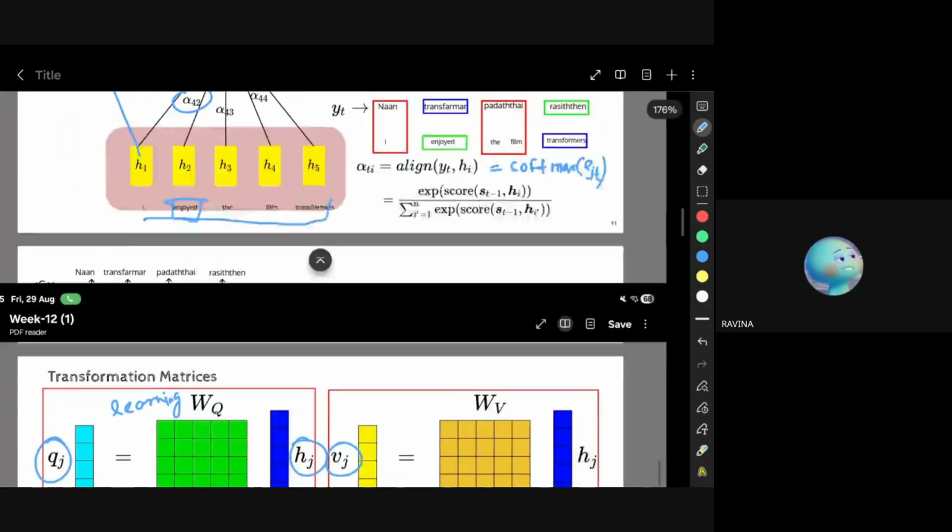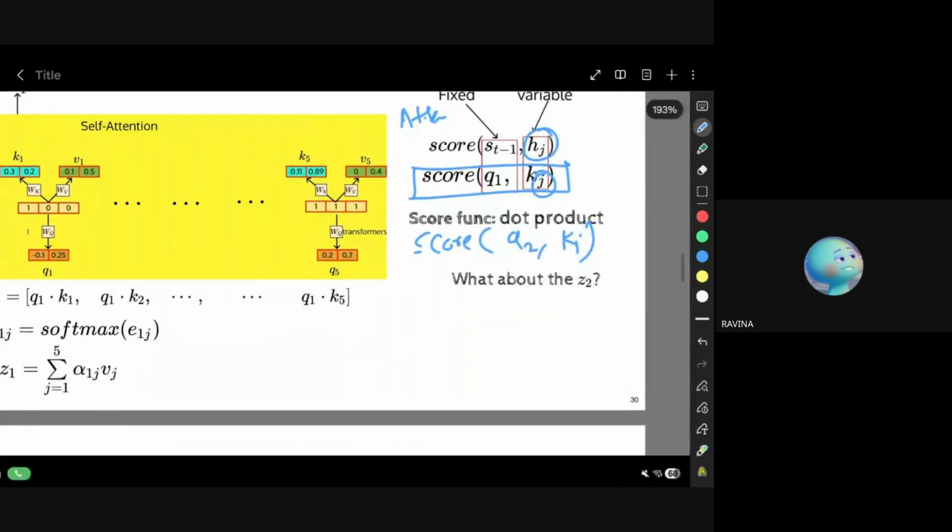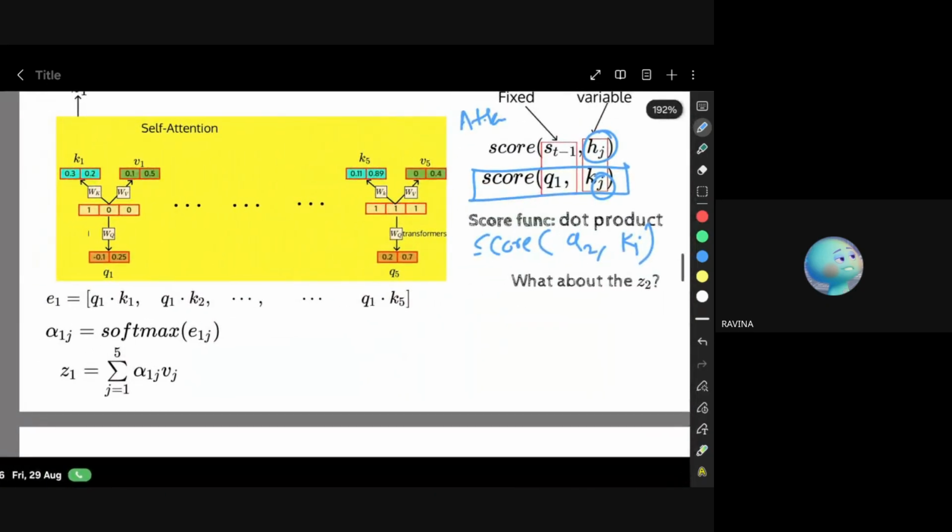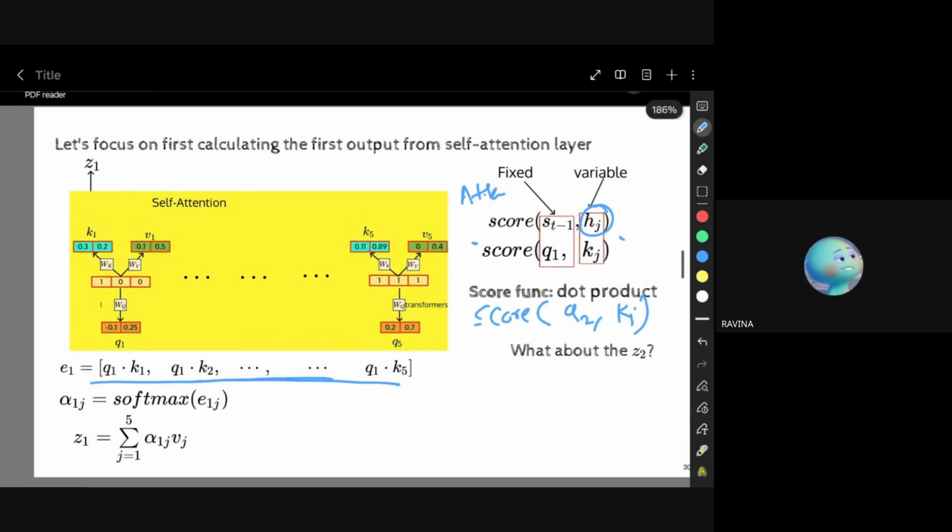Now, using score Q1 K_j, we are computing this. First we'll do Q1 with respect to K1 to K5, all of them, right? And that I'm calling E. Earlier we used to call E_{ij}, right? Same thing here, E1.